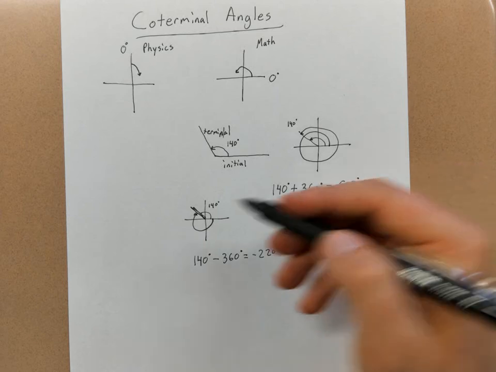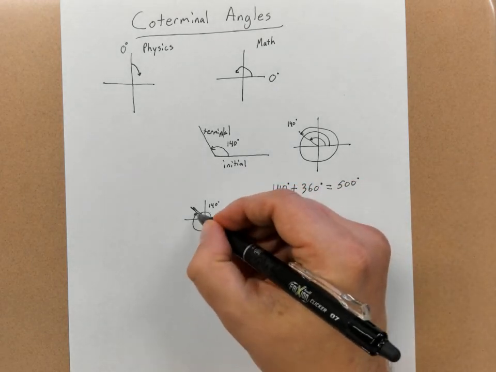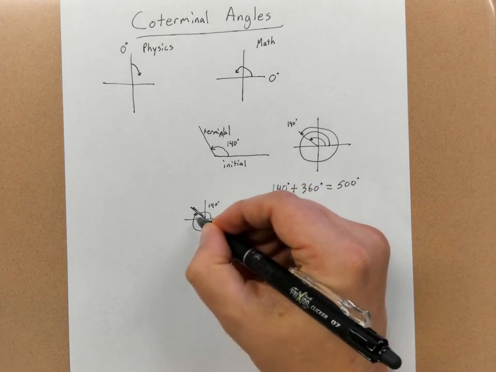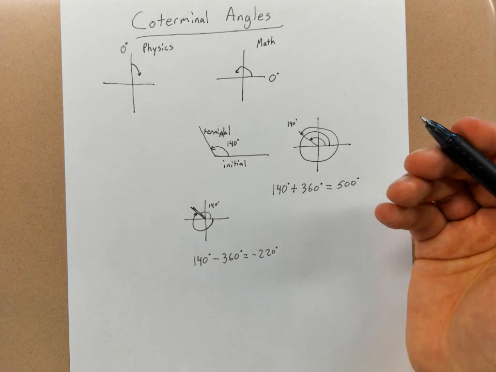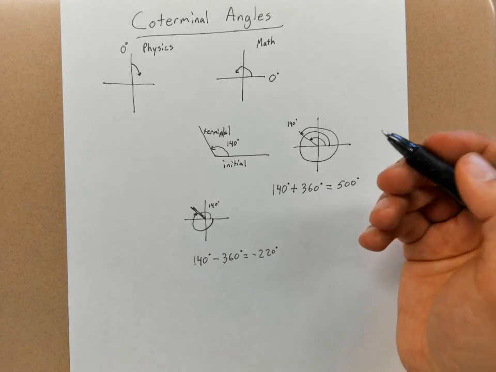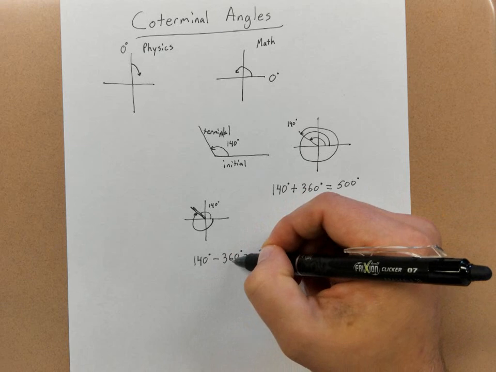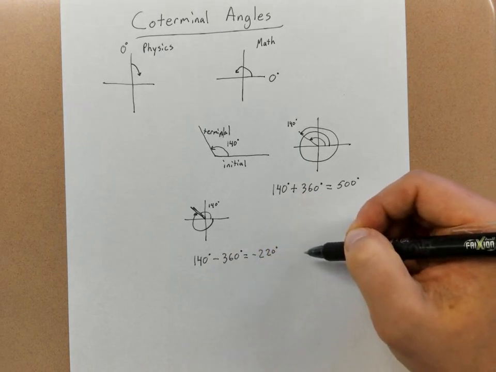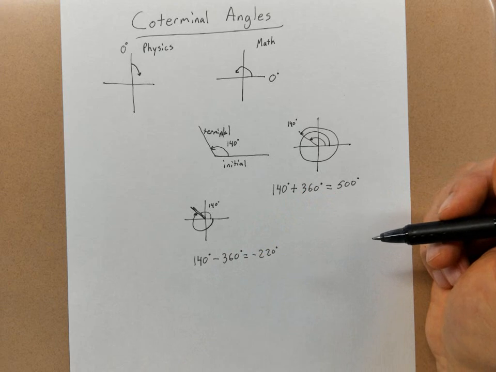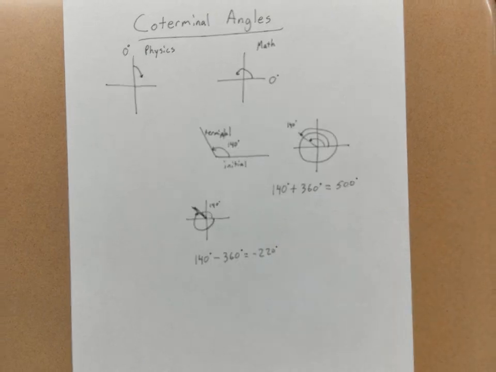Every time you add or subtract 360 degrees, you're just going around in a circle again and you're still ending up in the same exact spot. So if I asked for 5 different coterminal angles, you can just start with one, like your 140 degrees, add 360 degrees, add another 360 degrees, add another 360 degrees, and all of those values would be considered coterminal angles. So that is how you can find coterminal angles.